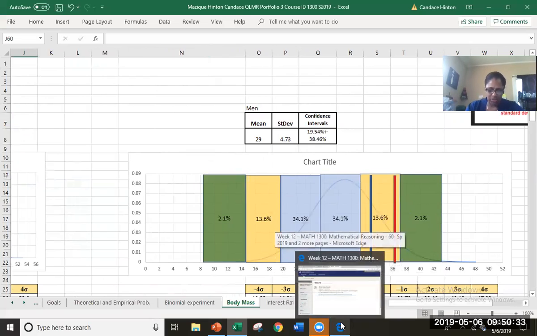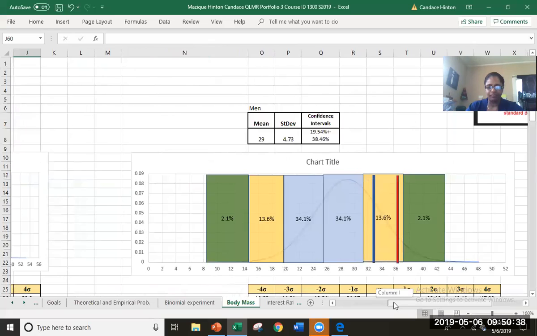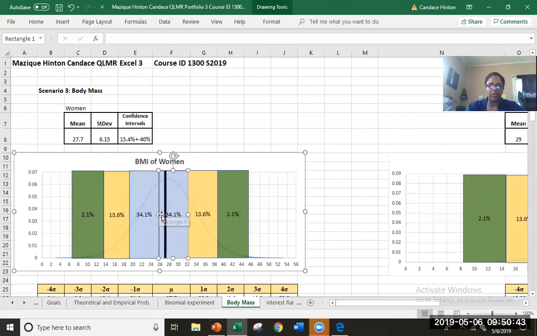My Z-score tells me that 45.62%, here I go. So I'm saying that from here to here, 45.62% of the population is below my Z-score. And there are 54.38% of people that have higher Z-scores than I have.